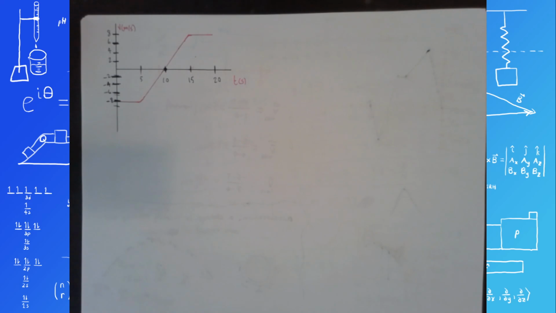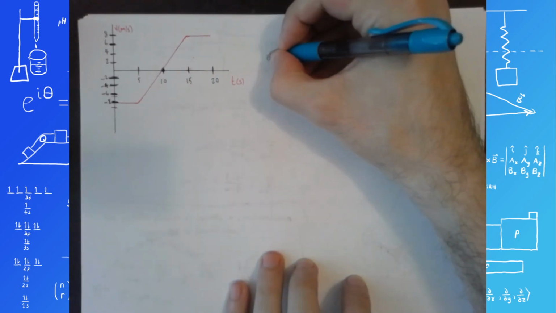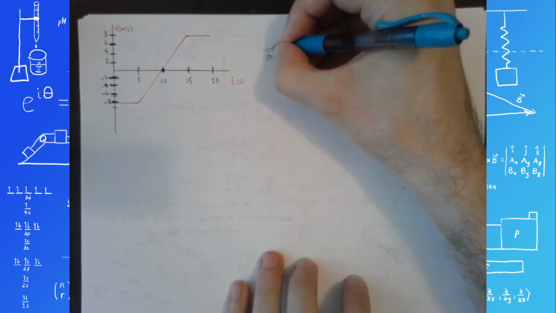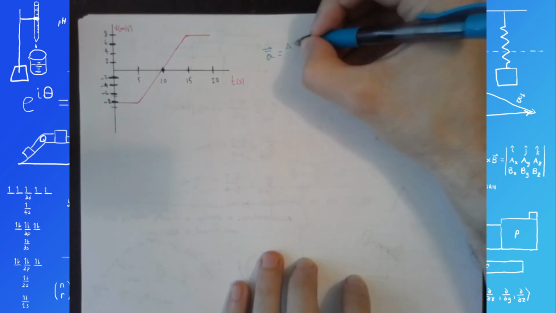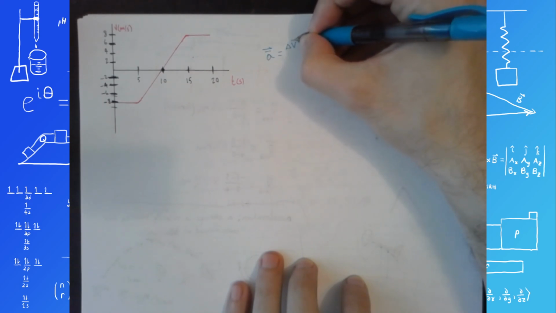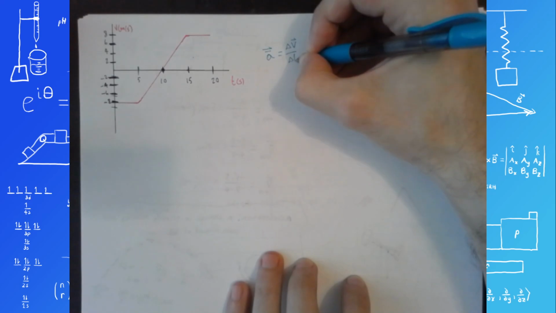Find average acceleration from 0 to 5, 5 to 15, and 0 to 20. I'll rewrite the definition. Average acceleration is equal to change in velocity over change in time.